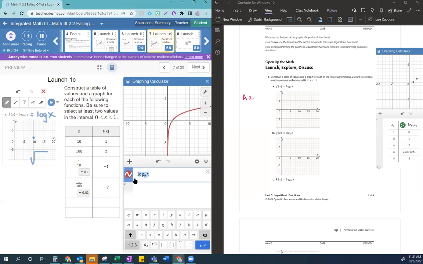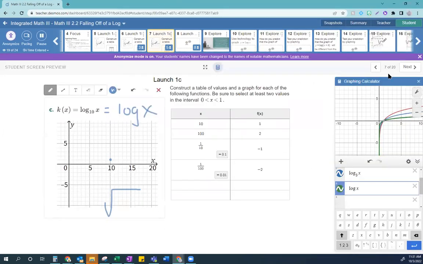I'll copy this so I don't have to do that over and over again. So make this one a 3. What effect does this base have? Oops, where'd it go? I'm just going to erase my base. So I'm going to make this bigger. Ah, you guys all see that? Sorry.